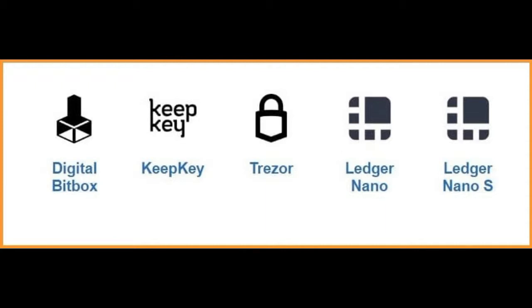It is a USB-like device with an OLED screen and side buttons to navigate through the interface of the wallet, and it has a native desktop app for different cryptocurrencies. It is a batteryless device which you can connect to your PC and your mobile device via USB.